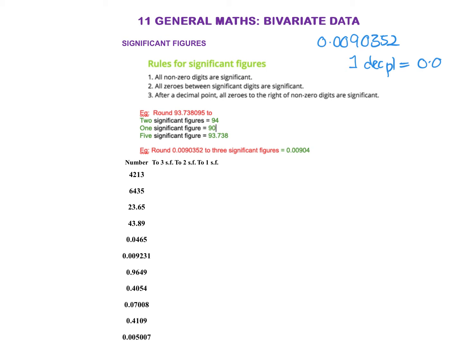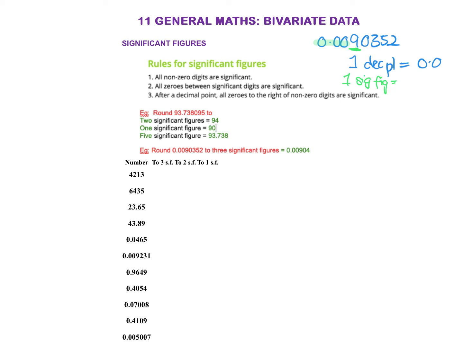So here's our new rule. This is how you do significant figures. Your first rule to look at is that you don't start counting significant figures until you get to your first non-zero number. For example, I would go through here and it wouldn't be until this 9 that I start counting. If I was to do one significant figure, I start counting as soon as I get to the 9.